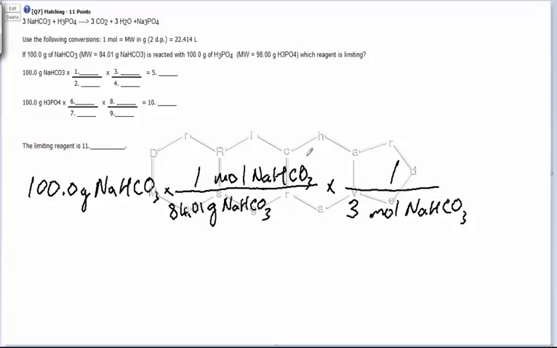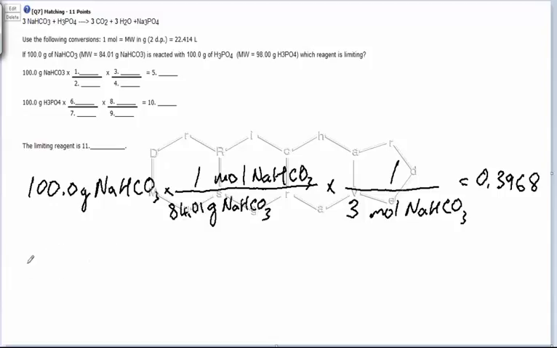Really all I'm doing is taking this number of moles and dividing by 3 moles of NaHCO3. The 3 comes from up here because we know we get 3 moles of this in the reaction that needs to react. So we've got these moles divided by these 3 moles, and that's going to give us something that doesn't have any units associated with it. A mole ratio of 0.3968 is what this comes out to.